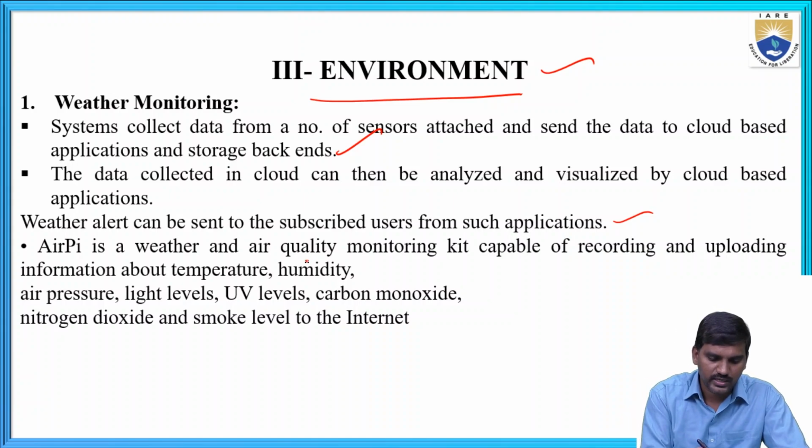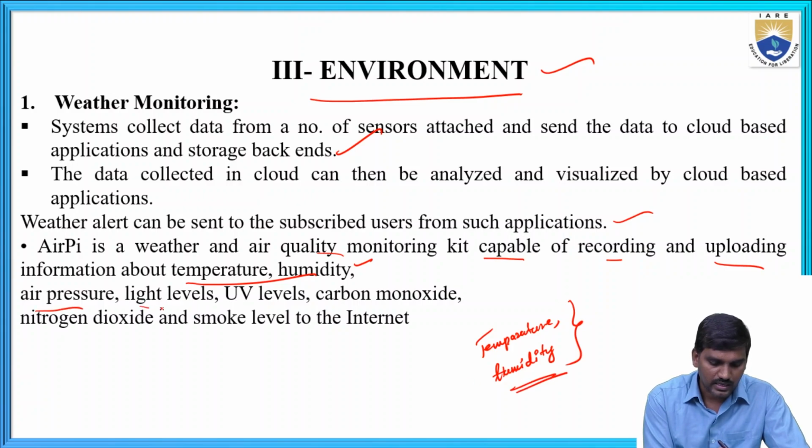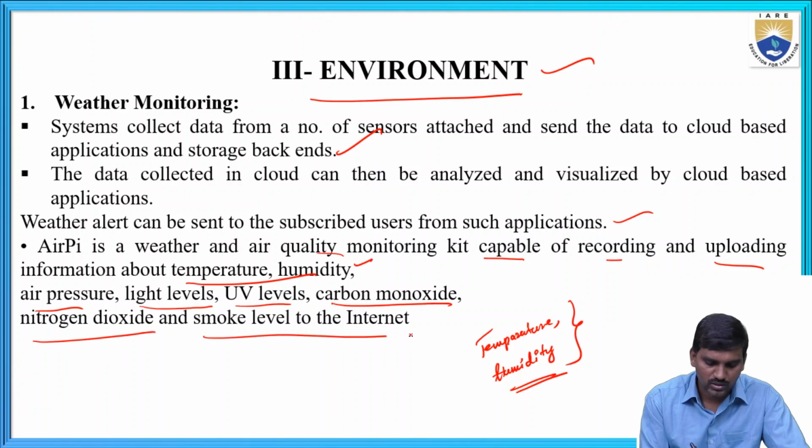AirPy is a weather and air quality monitoring kit capable of recording and uploading information about temperature and humidity, air pressure, light levels, UV levels, carbon monoxide, nitrogen dioxide, and smoke level to the internet.